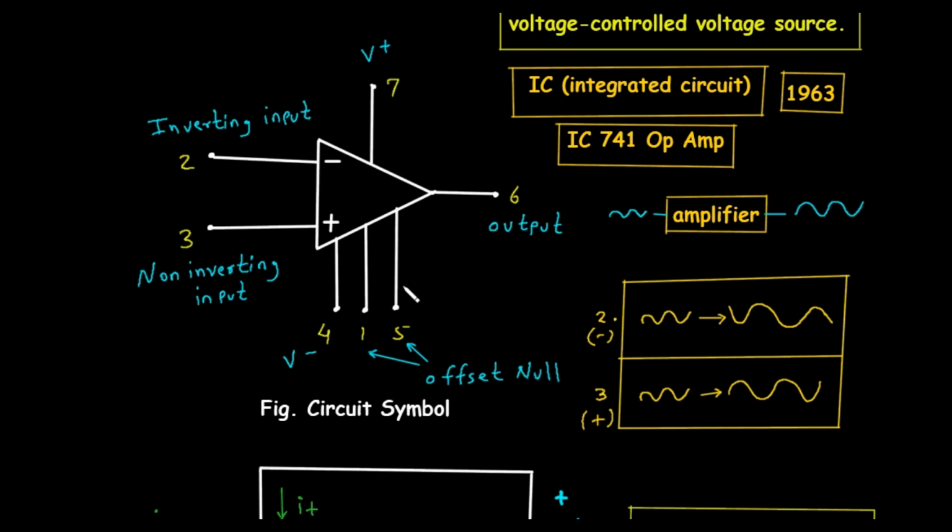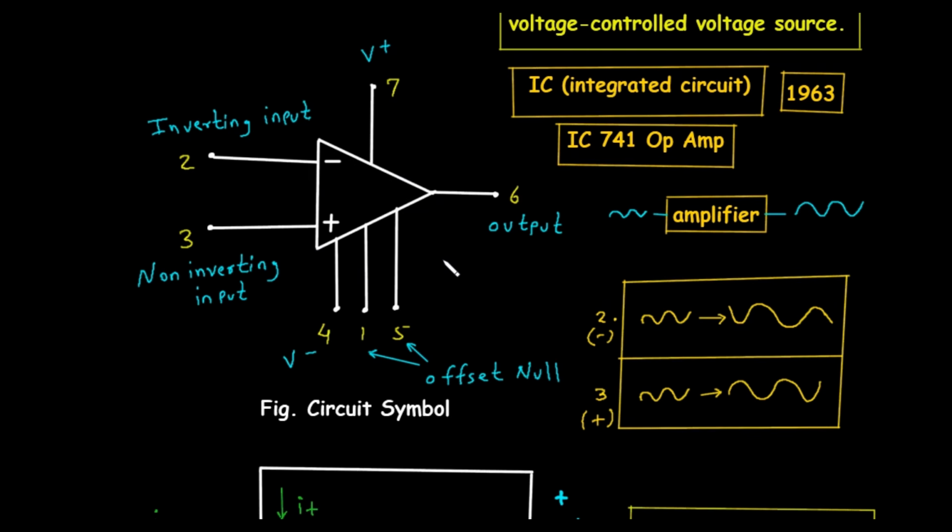So the power supply connected between this V plus and this V minus is often omitted from simpler diagrams for clarity, but you must always remember they are there. They are there and need to be connected for the OpAmp to work. So to turn on or run the OpAmp, we need to connect it to the power supply.